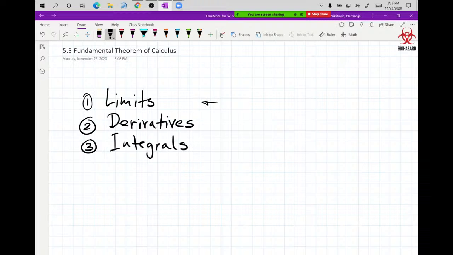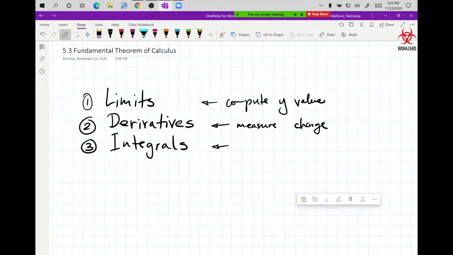Now, limits compute y value in their nice, unique way. Derivatives measure change. And integrals, they measure accumulation, right? Because it's a sum.